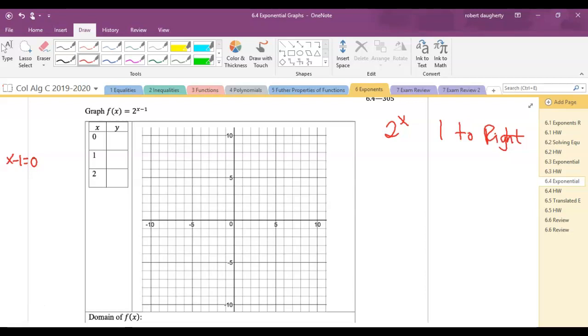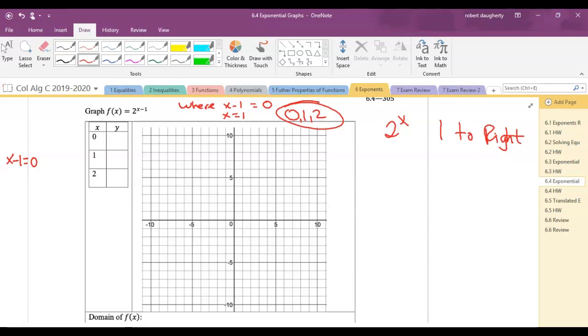So you look at this exponent and say, where is x minus 1 equals 0? That's when x equals 1. So my points are going to be 1, 2, and 0. Those are my 3 points, okay? So I want to pick where that expression is 0, one number on either side of it, and those 3 points will give me my graph.